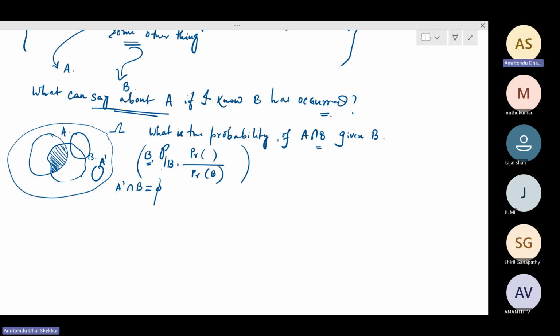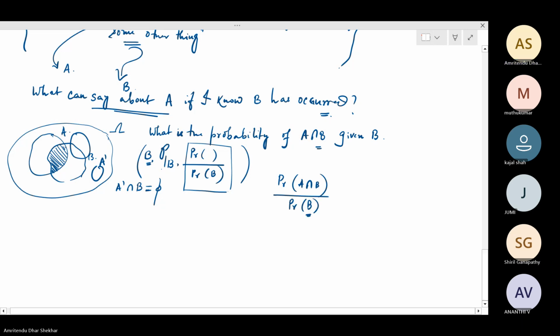The probability of A intersection B now occurring is basically the measure of this quantity: probability of A intersection B upon probability of B, or the probability with which A intersection B can occur. Again, when I say can occur, this is not a formal term, given B.